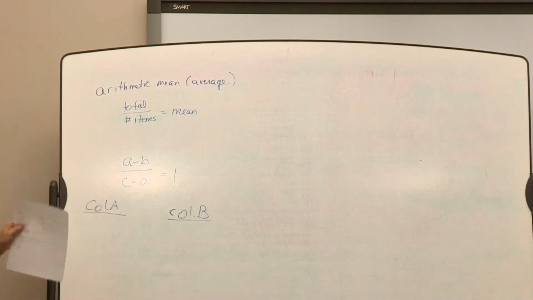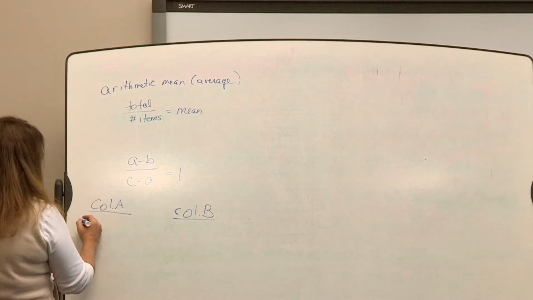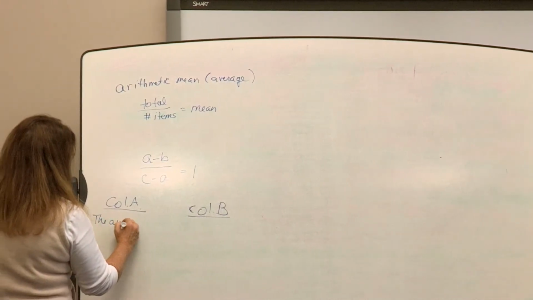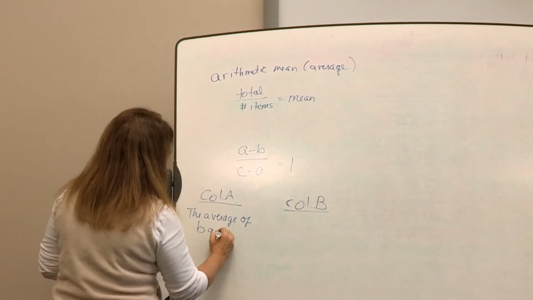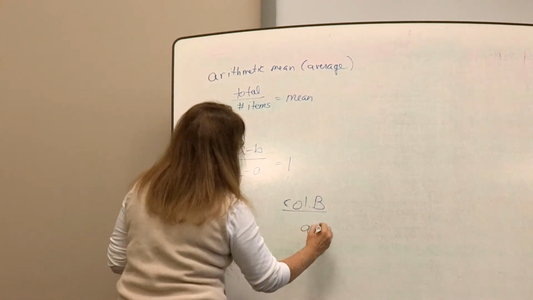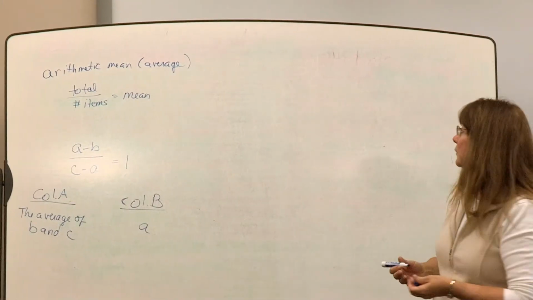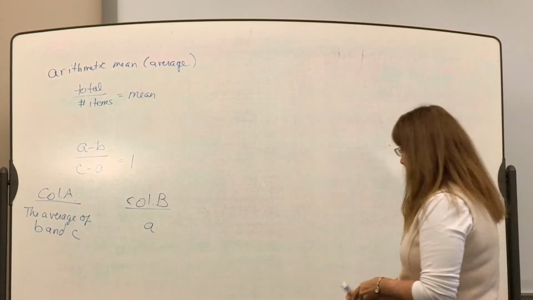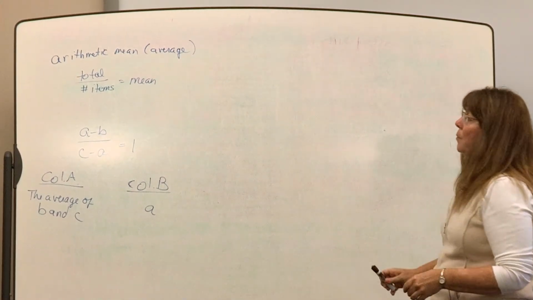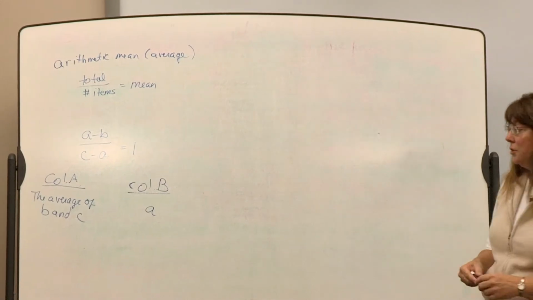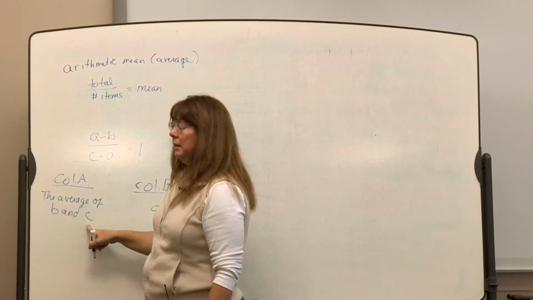So this is going to be a quantitative comparison question. And they ask you which is greater, the average of B and C or the value A. So we know to get the average, we're going to be trying to add up B and C and dividing it in half.